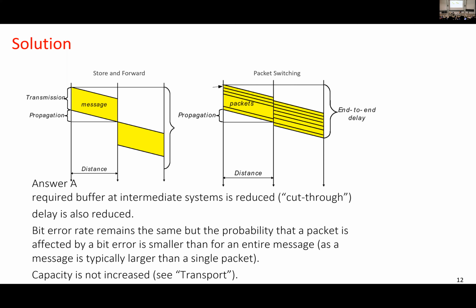And second, and that was probably the major reason at this time, the amount stored in the middle box in the first case is the entire video file, in the second case just one packet at a time. As soon as it receives one packet, it can get rid of it, in this simple example. So this reduces the buffer requirements, which was, and still to some extent is, one of the key bottlenecks in the internet today.